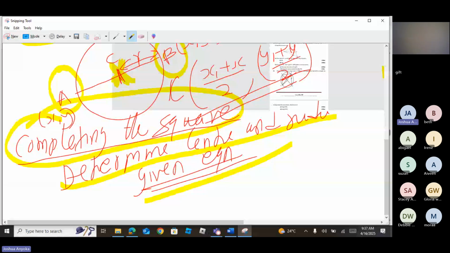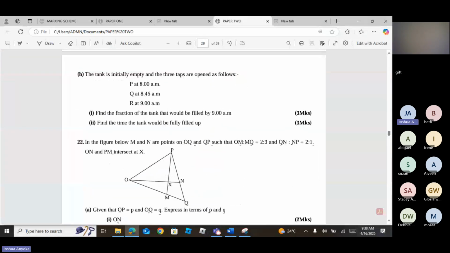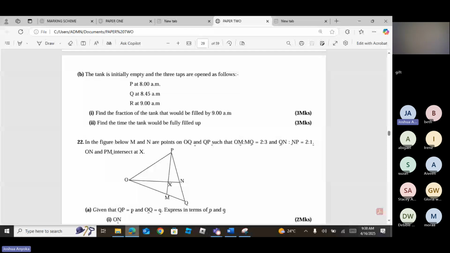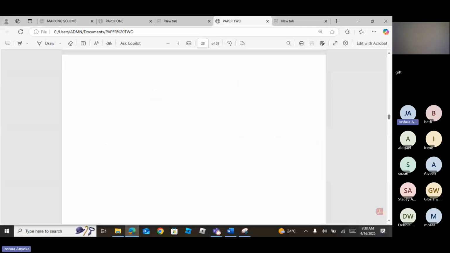So with this knowledge, we now get back to answering one question on the equation of a circle. We have Trial 3, Paper 2, Question 13.